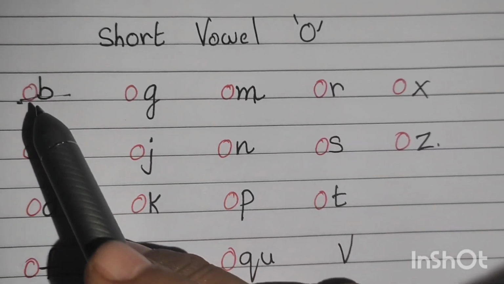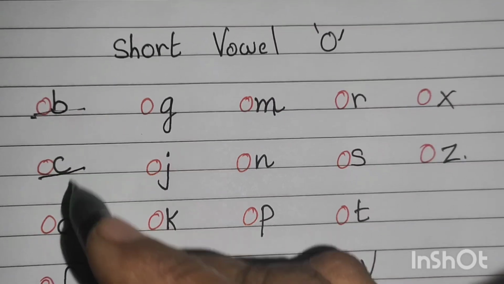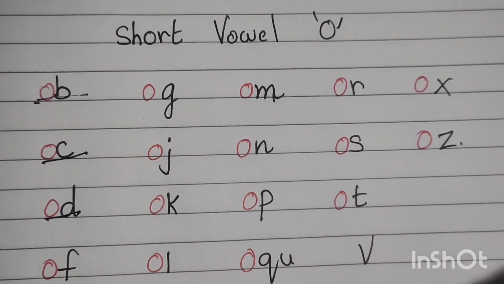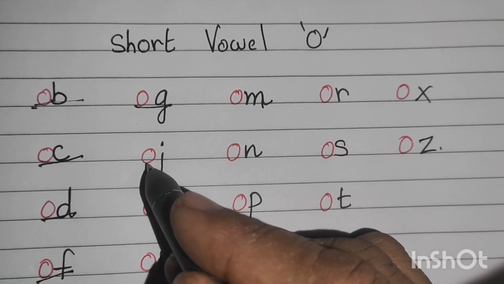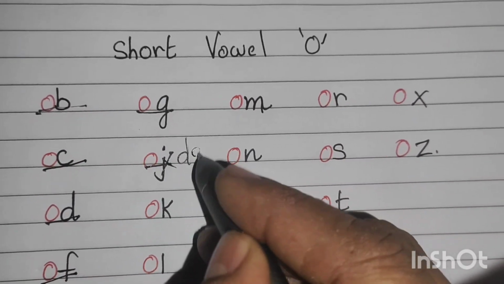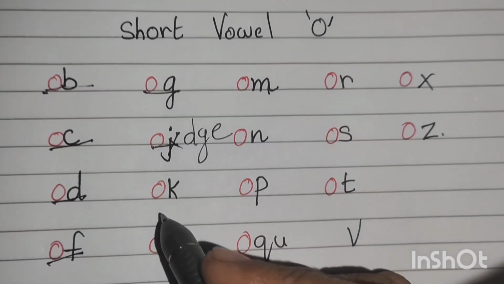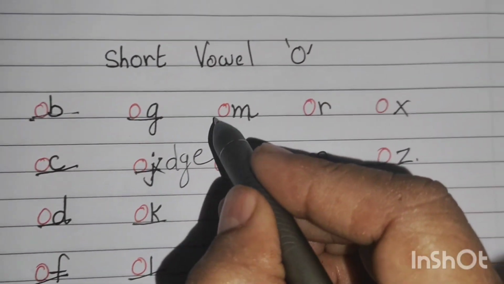Ob, ab. Ok, ak. Odd, ad. Off, uff. Og, ug. Oj. Instead of aj, we use dge. Oj, aj. Ok, ak. Al, all.